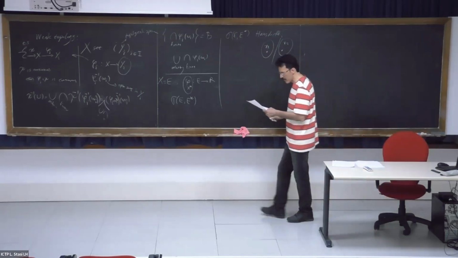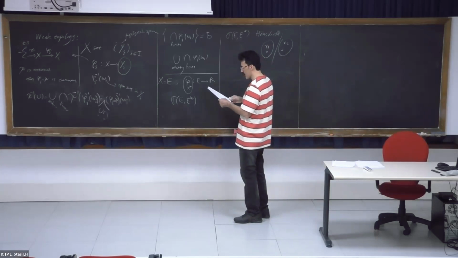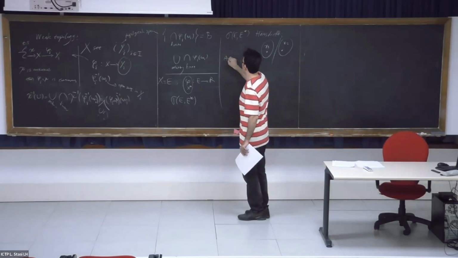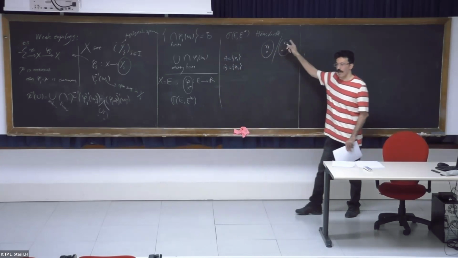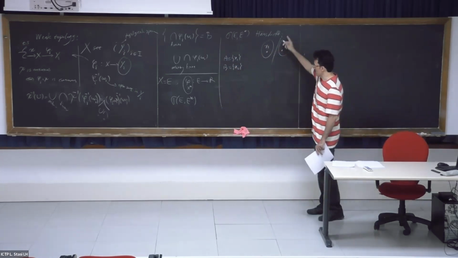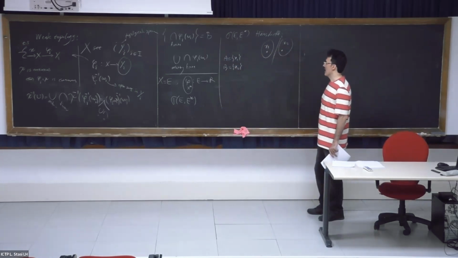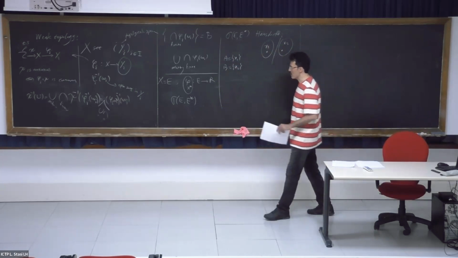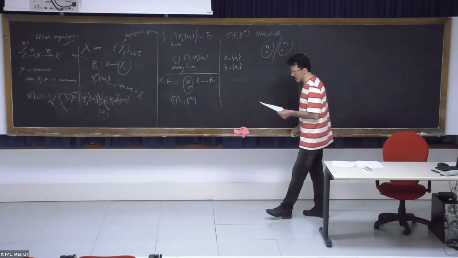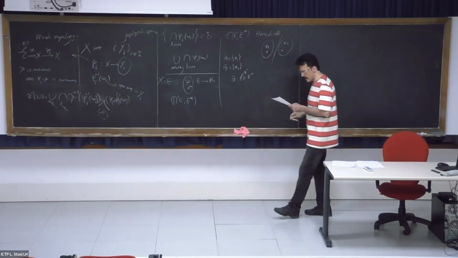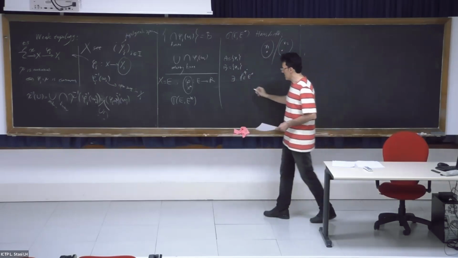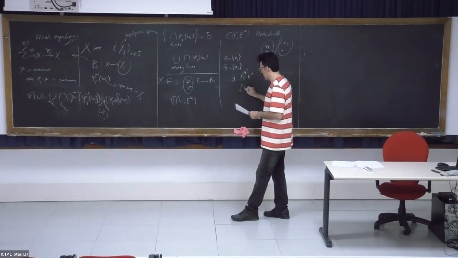For this, we define A as the singleton x1 and B as the singleton x2, and as you know by the geometric form of the Banach theorem, we may separate these 2 sets and obtain f in E star with this property for f of x1 and f of x2.